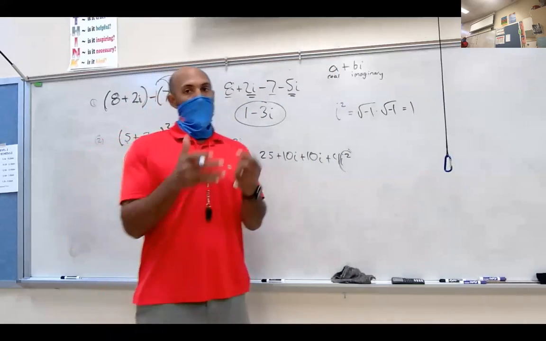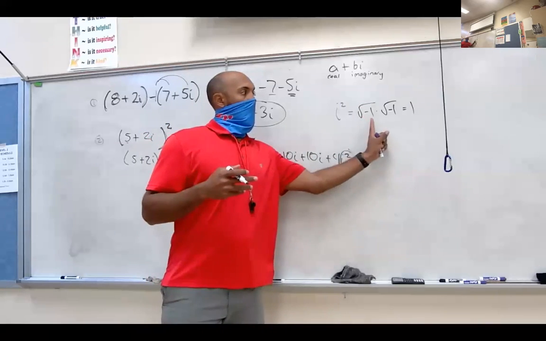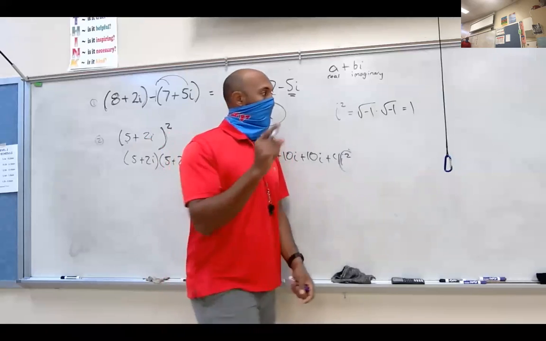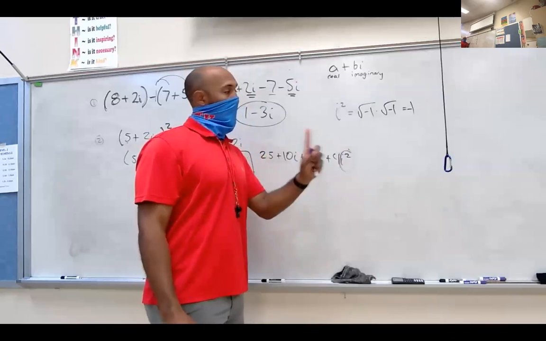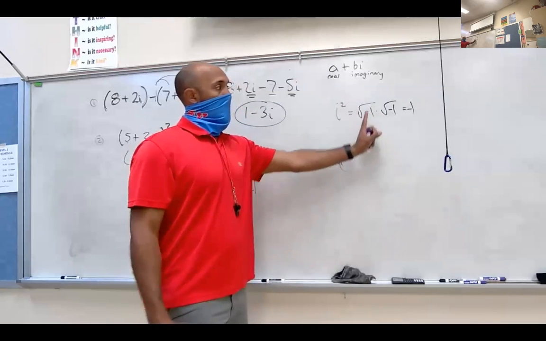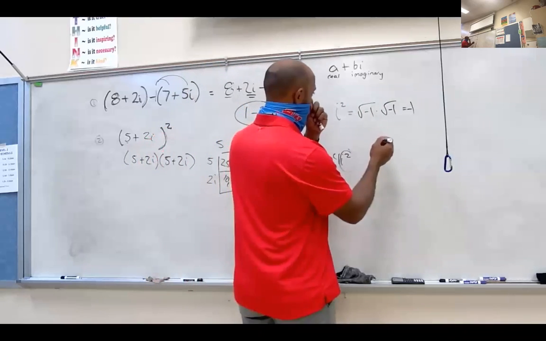However, when you multiply two square roots, the signs don't change. You end up with that same number inside. So i squared is equal to negative 1. So in your notes, and I'll show you where you guys are in your notes when I go over to my desk, you want to change that to a negative 1. i squared is negative 1, not positive 1.